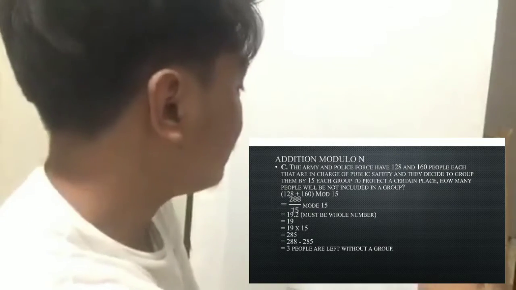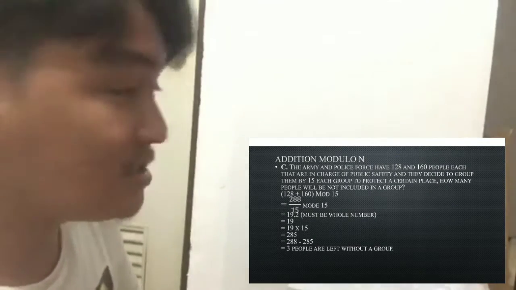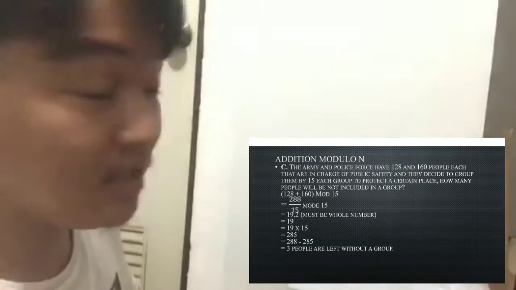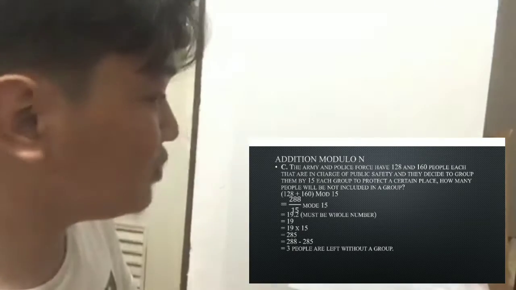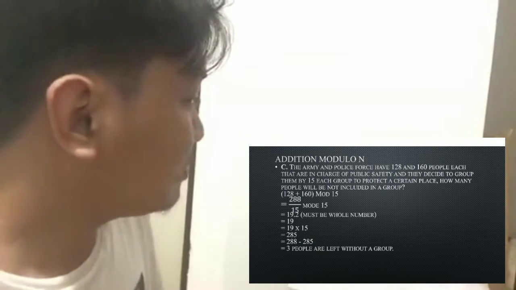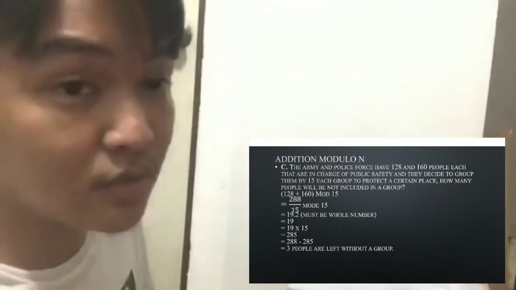Example number 3 for the addition modulo n. The army and the police force have 128 and 160 people each that are in charge of public safety, and they decide to group themselves by 15 each group to protect a certain place. How many people will not be included in the group?